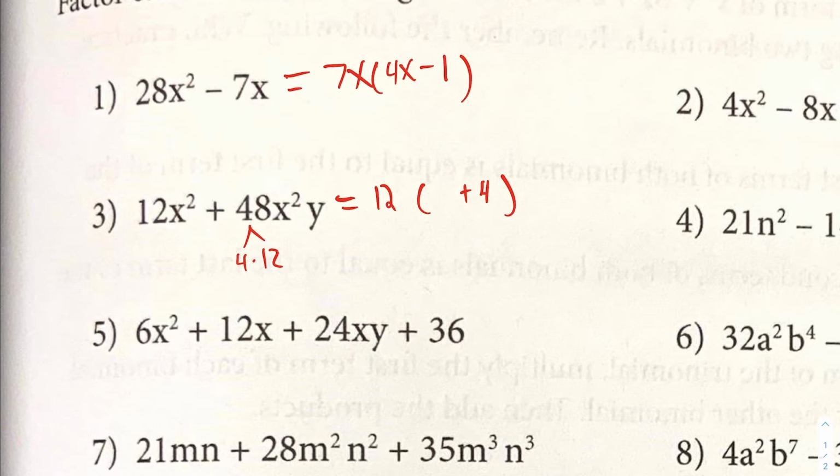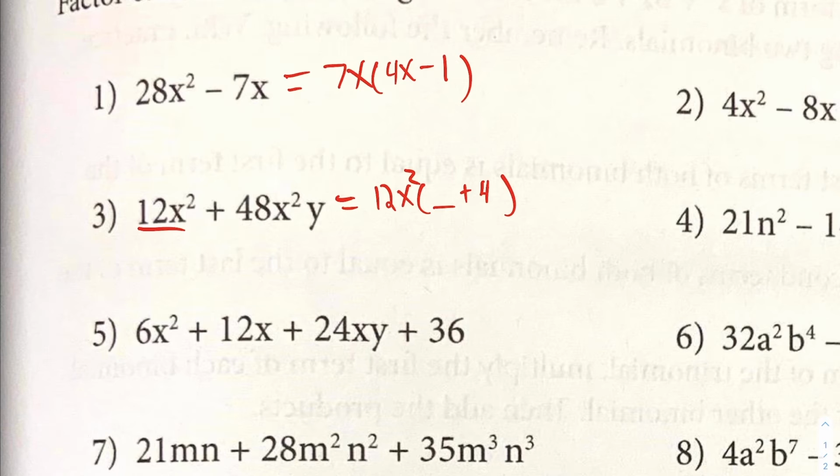Before I figure out what goes exactly right here, I need to find what else is in common. They both have an x squared. So since both terms have an x squared, instead of writing it inside the parentheses, I can write it outside. This is everything that they have in common. What would 12x squared need to multiply on the inside to make 12x squared, what it started out with?